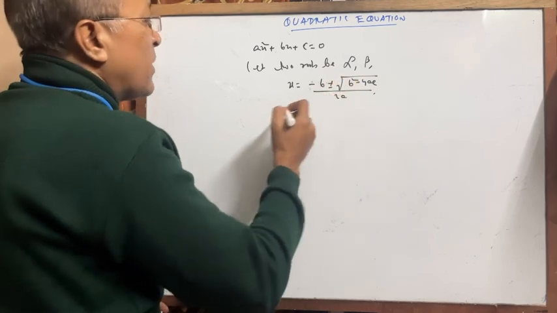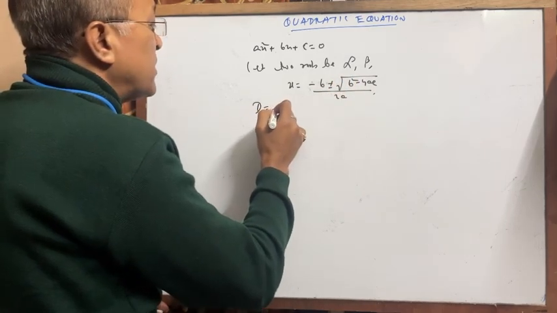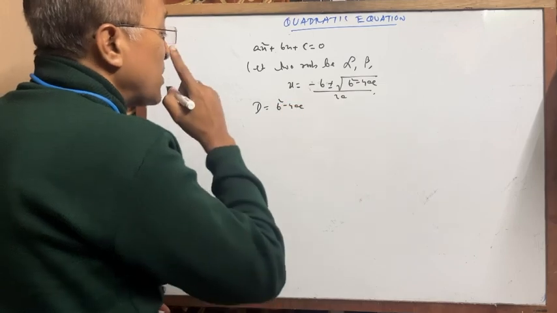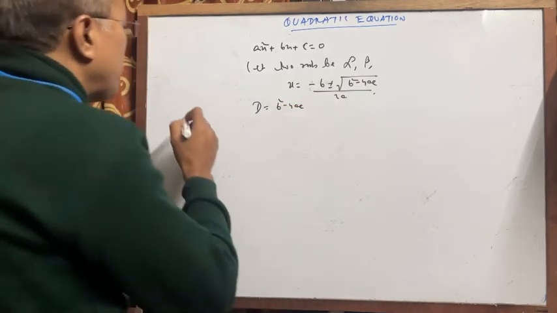This root b square minus 4ac is called discriminant.